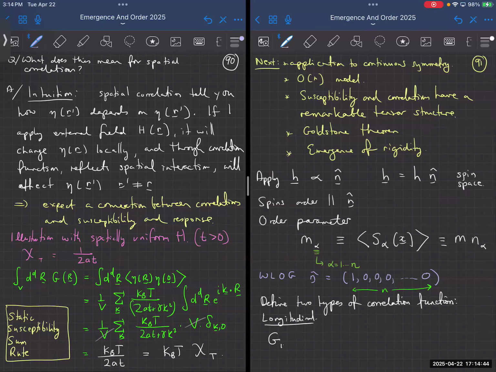So I'm going to define it as G parallel of k. I'll try to remember to put a hat here to remind you it's a Fourier transform variable. And what I'm going to do is I'm going to look at the order correlation function of the one component of the order parameter as a function of space S of k. So I'm going to write it down like that. So this is just like the order parameter correlation function that we've written down for the scalar system, but now this is just for the component in which the system is ordering in the particular direction. So that we're going to call the longitudinal one.